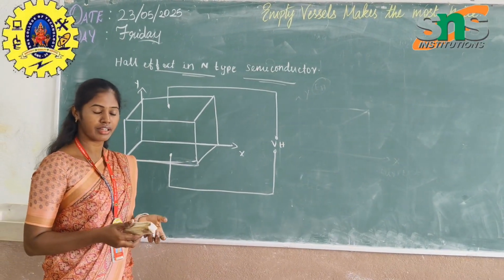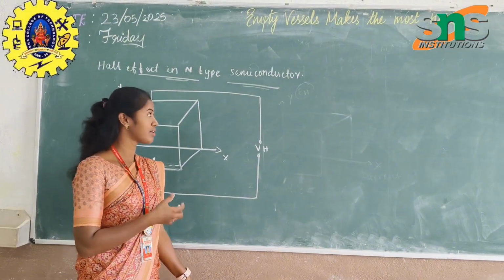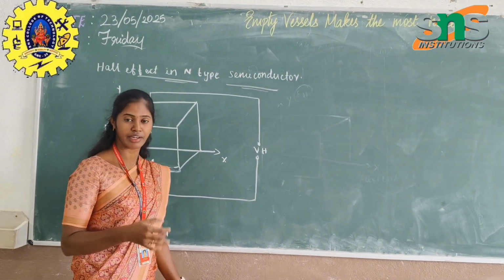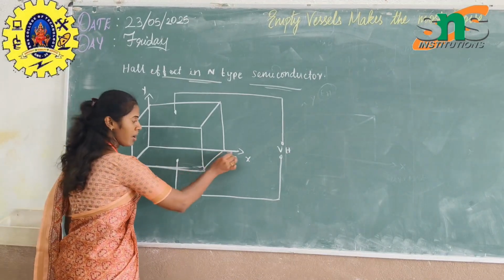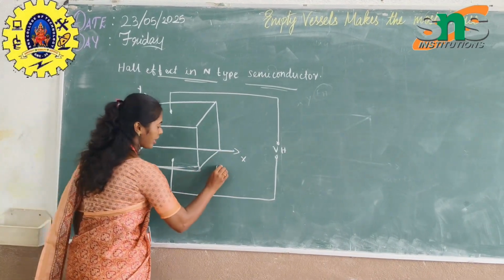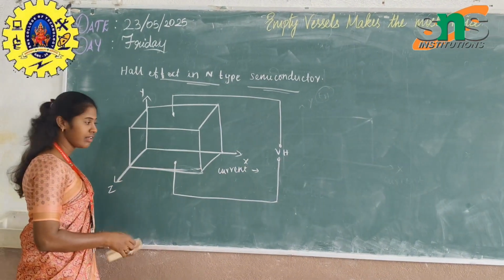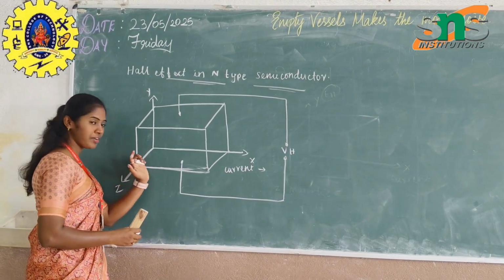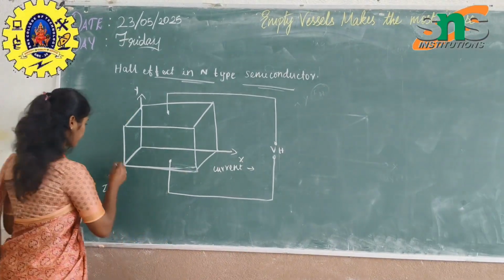We know that in an N-type semiconductor the majority charge carriers are electrons and the minority carriers are holes. Now the current is applied through the positive x direction. The current direction is from left to right, whereas the electron direction is from right to left.